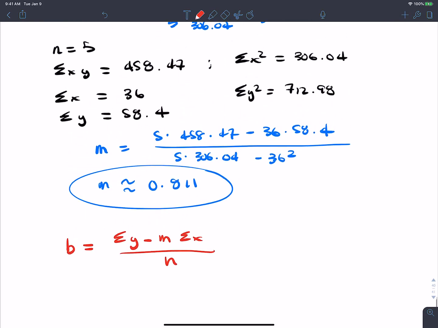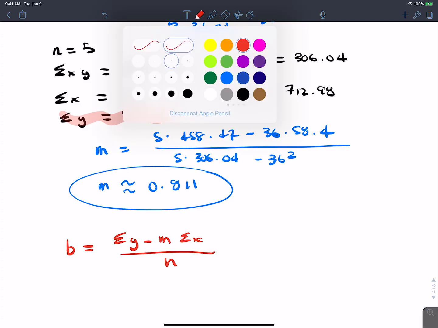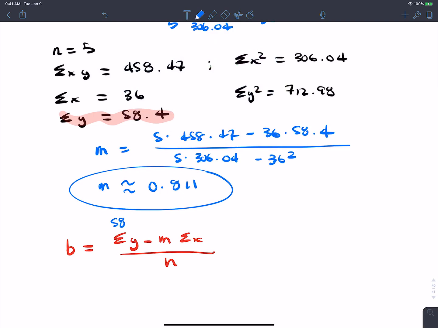So let's go back up here and find out where's our sum y value. Oh, it's right here. It's 58 point what? So we're going to plug in here 58.4, and then what's my slope value? We already found that one. Slope here is going to be 0.811.